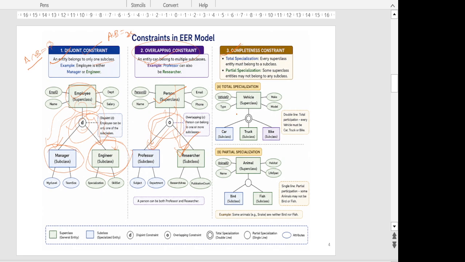You can see the definition. Total specialization: every superclass entity must belong to a subclass. In partial participation, some superclass entities do not belong to any subclass. If you take the example, Person, right?